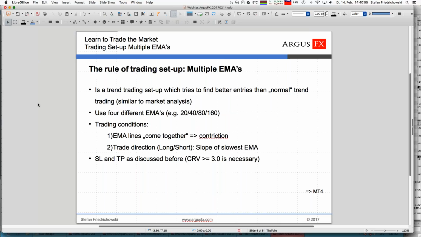But now the question is how to find the end of a correction. That means price goes down once again, and then finally goes in the overall direction again.